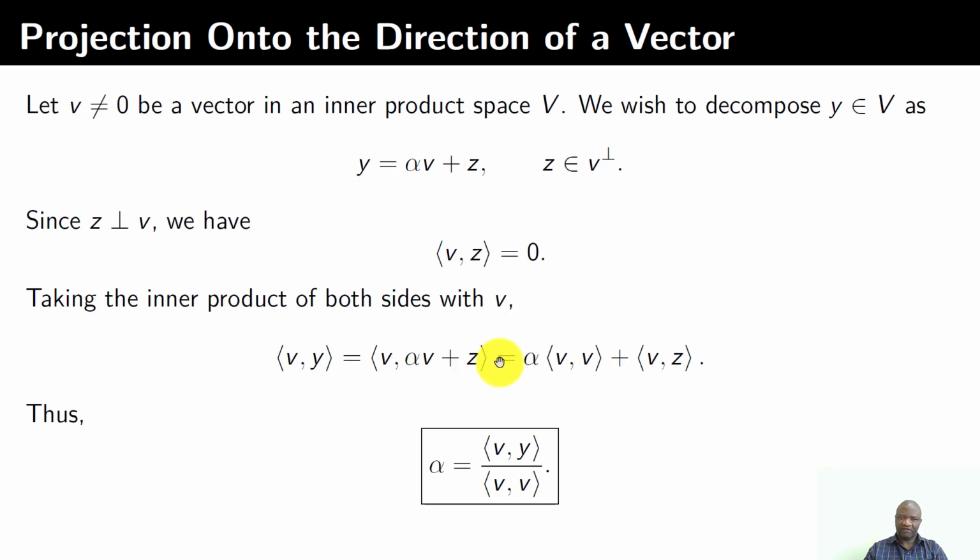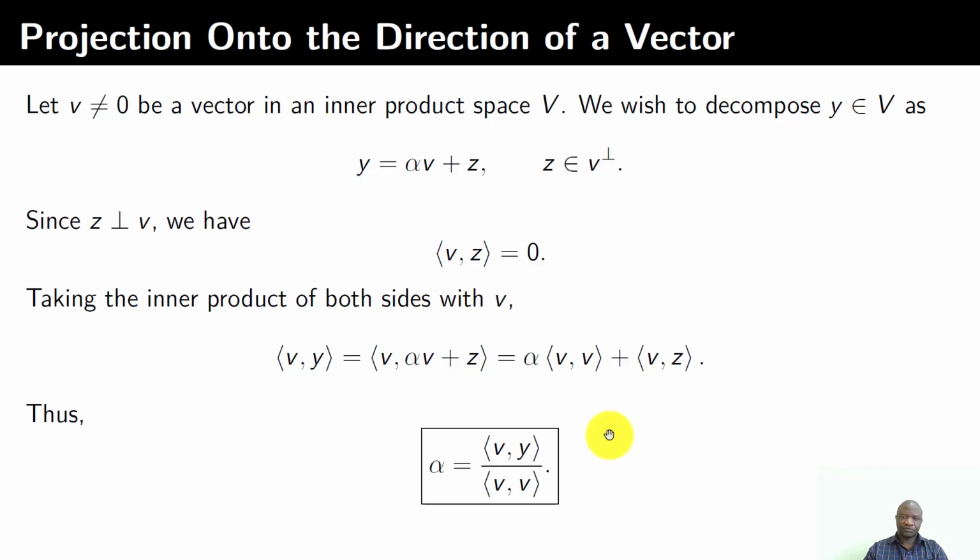So we have alpha times the inner product of v and v is equal to the inner product of v and y. So you can make alpha the subject, and we have alpha equal to the inner product of v and y divided by the inner product of v and v.